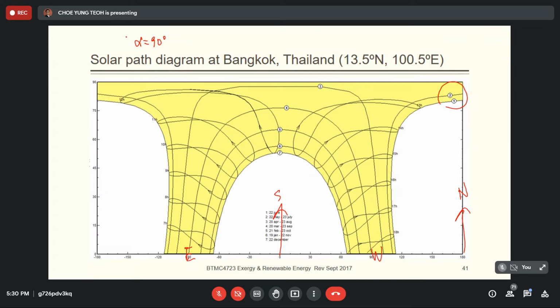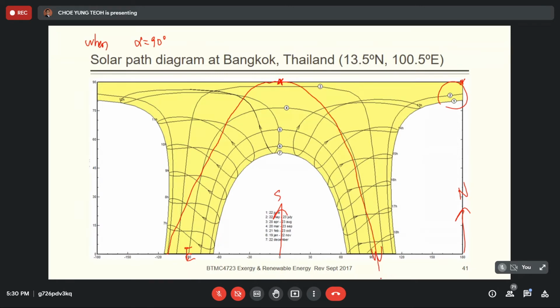So when? From here, I know that the subsolar point is over here, this point, at the maximum. It should go from morning up to the top, 90, and then go down.